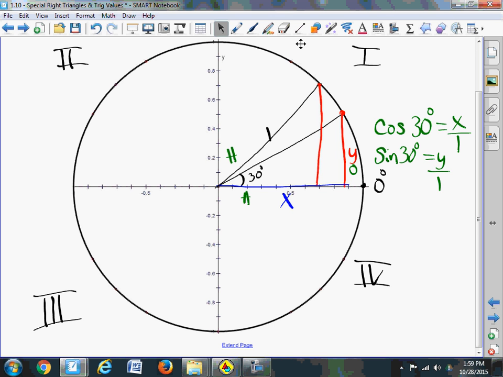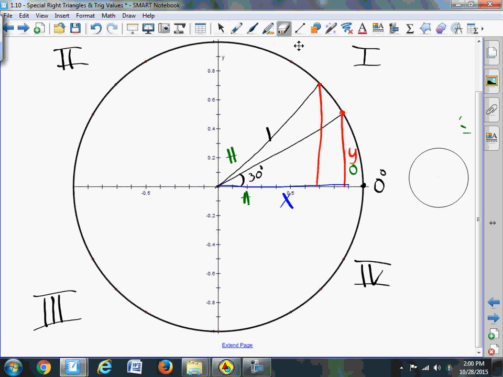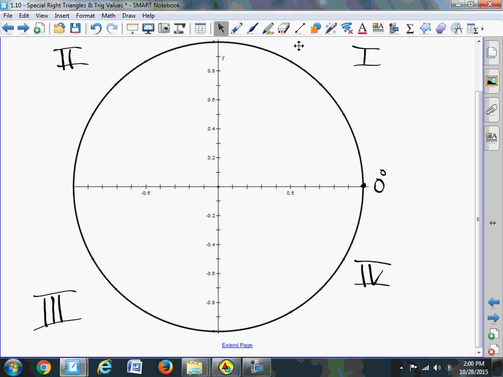So that's always going to hold true: if you're finding the horizontal distance x, that's going to be using cosine. And if you're finding the vertical distance y, that's going to be sine. All right, so that's important. So for whatever angle, we'll call that theta. Theta will be the label of our angle. So it's important to know that the length of x is equal to the cosine of theta.